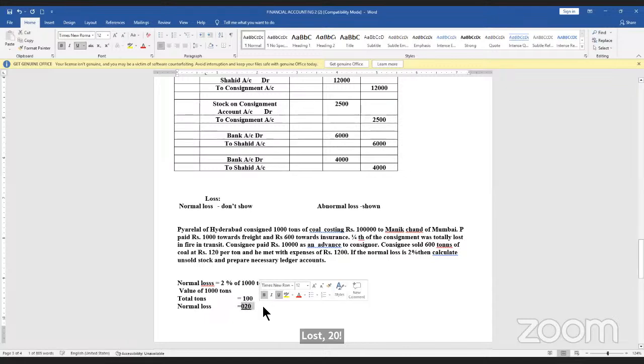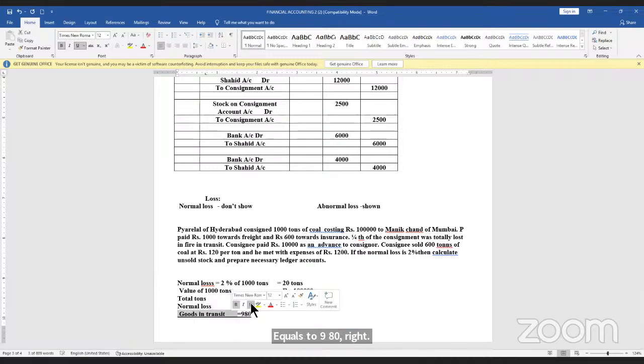Okay. So now goods in transit equals 980, right? Goods in transit is 980.